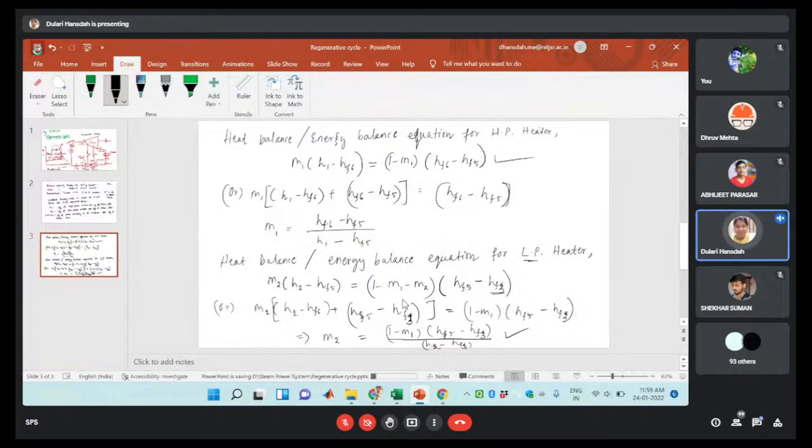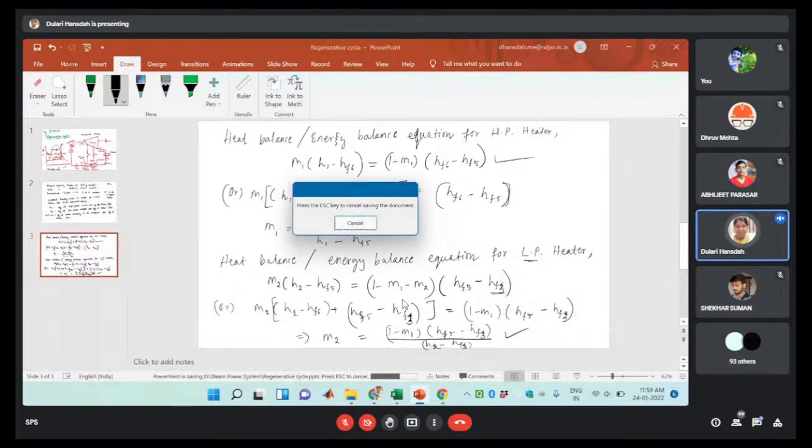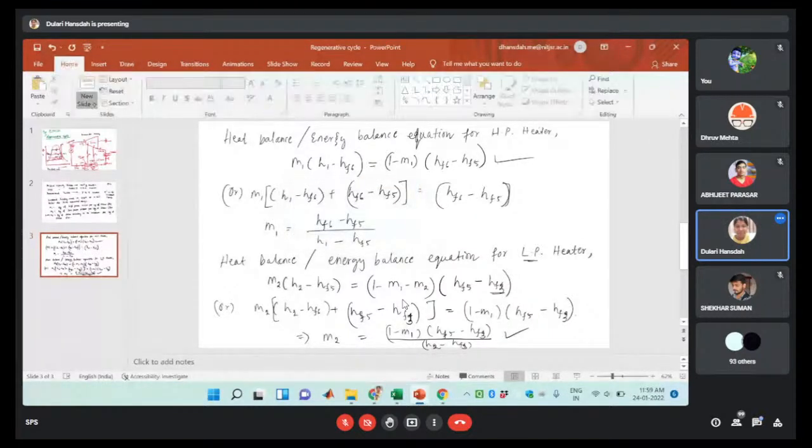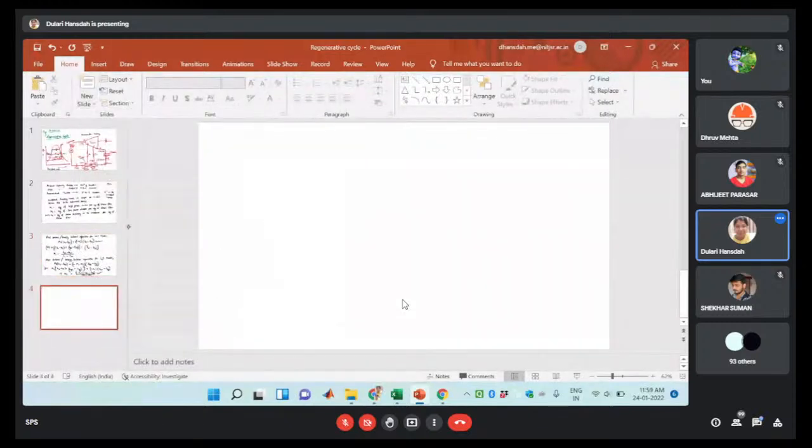So now I can find out what is the isentropic work. So isentropic work means it is related to your turbine work.